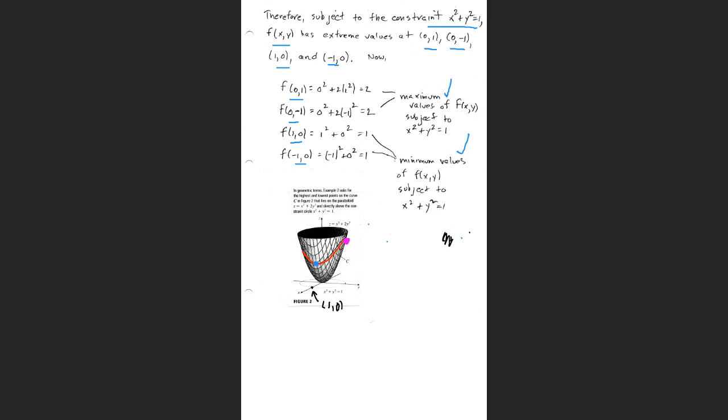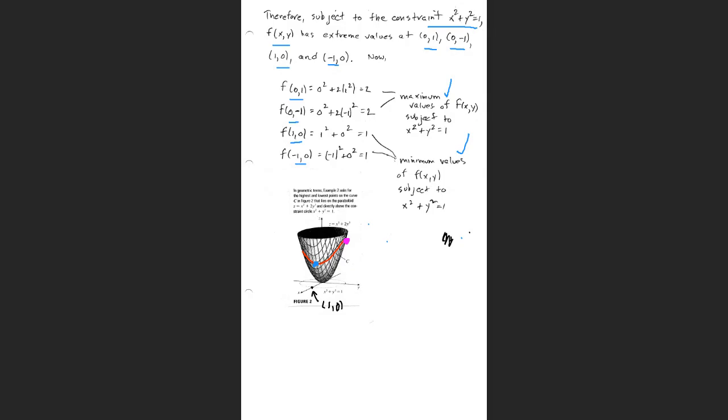So remember, at 1, 0, the function, subject to the constraint x squared plus y squared equals 1, is minimized at the point 1, 0. What's the height of this blue point? What's the function value for that blue point? That blue point has coordinates 1, 0, and 1. That's right.